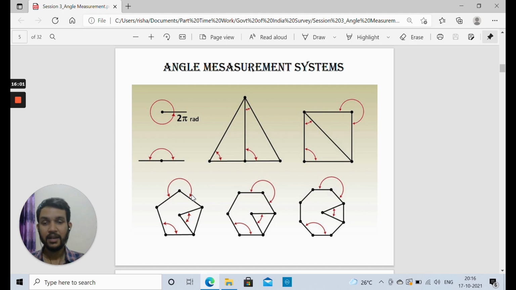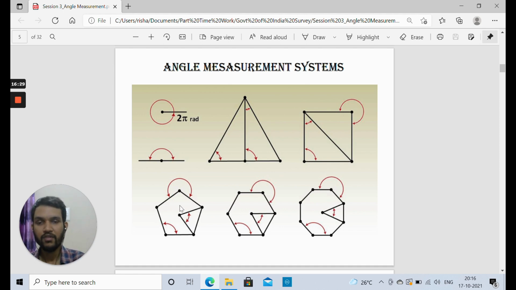Similarly, if we want to get the inner angle at the center of that pentagon, the angle subtended by its diagonals, we can easily get it. Since it is a pentagon, if we draw diagonals from each of the vertices, then a total of 5 angles will be subtended at the center, so the central angle of 360 degree or 2 pi will be divided into 5 equal parts. The complete central angle is 2 pi.